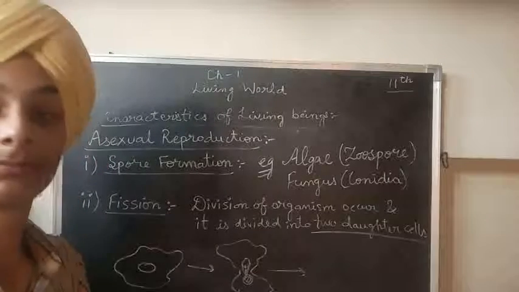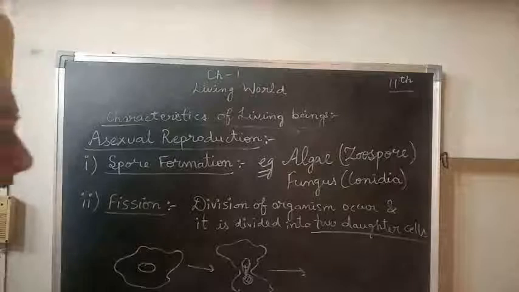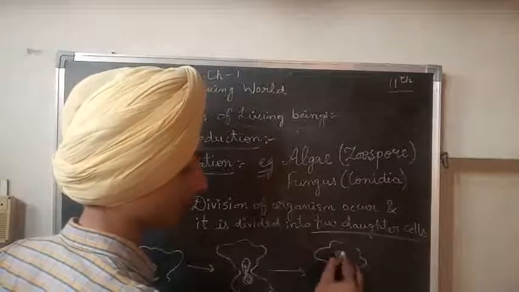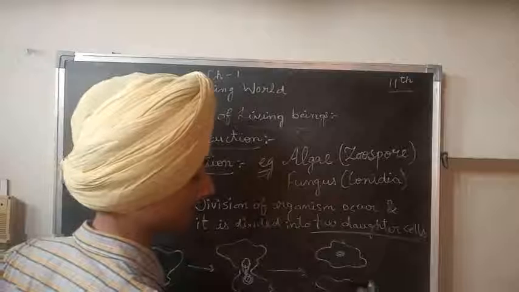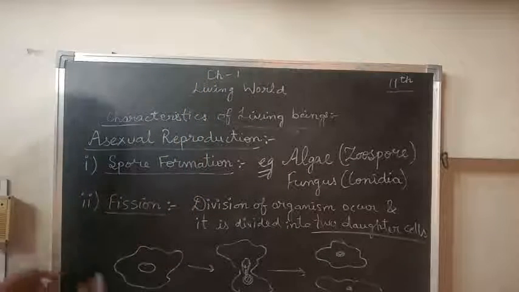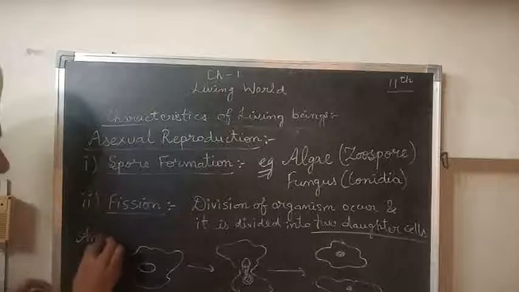In this stage division occurs and it gives birth to two daughter cells. Clear? Example of amoeba.